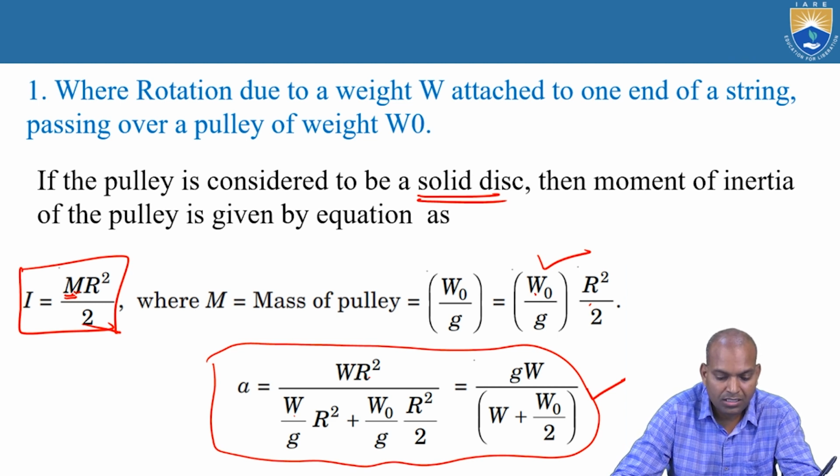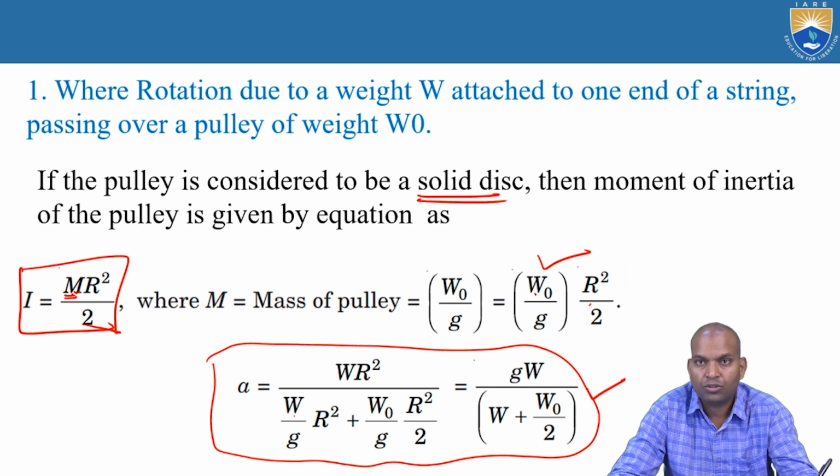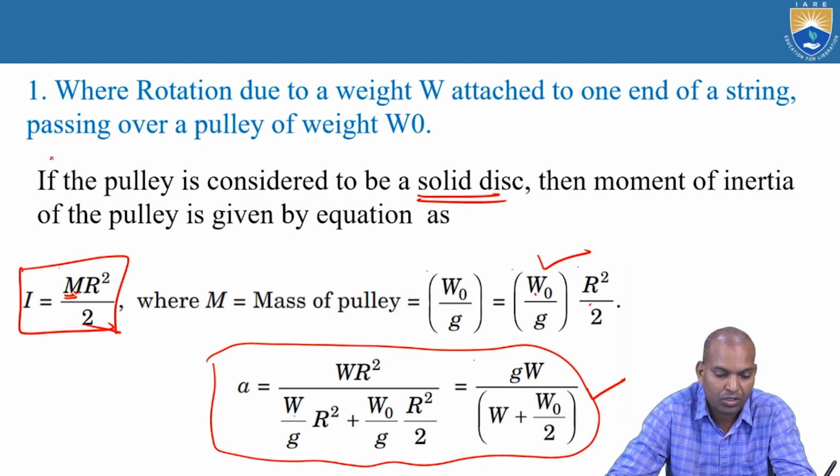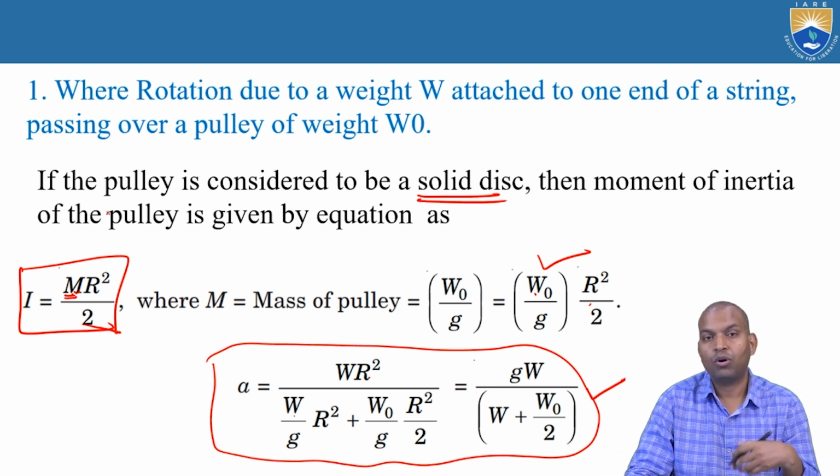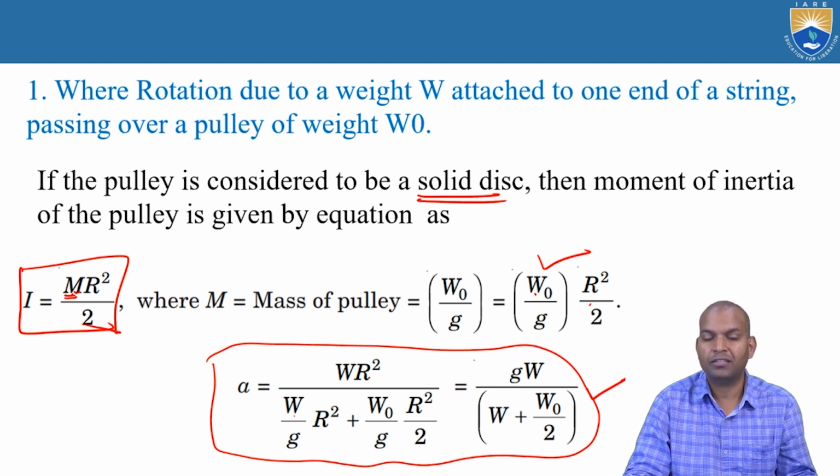Okay, this is the derived expression for the case where the rotation is due to a weight attached to one end of the string passing over a pulley having a weight W naught.